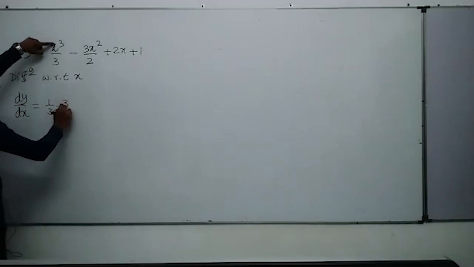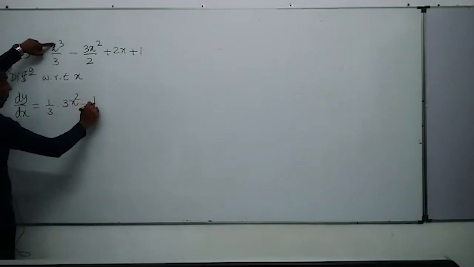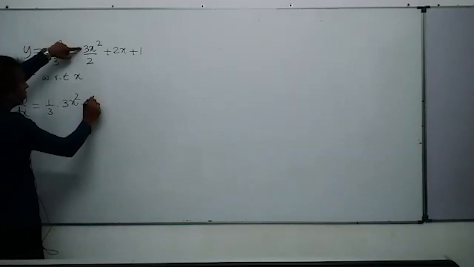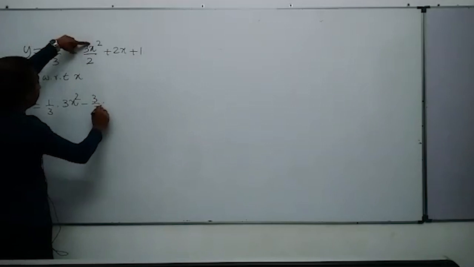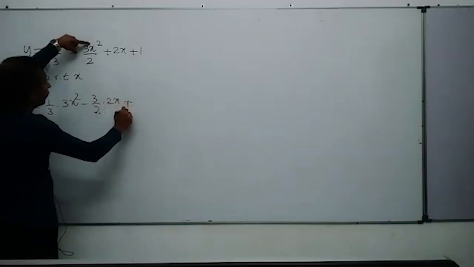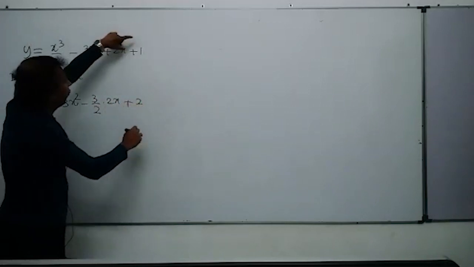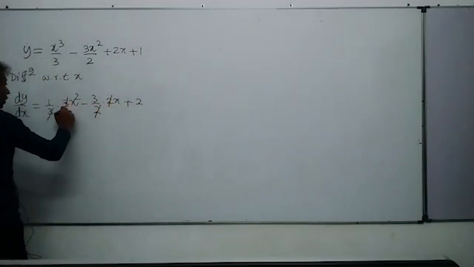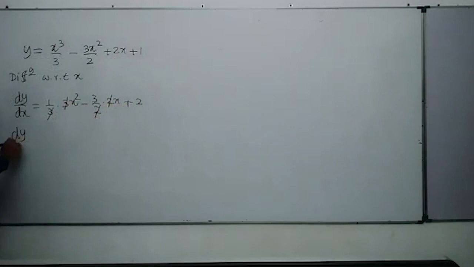X cube we can write as 3x squared. This 3 by 2 is a constant, people. X squared derivative is 2x. 2x derivative is 2. 1 is 0. This and this you can cancel down. This and this you can cancel down. Dy by dx we get x squared minus 3x plus 2.